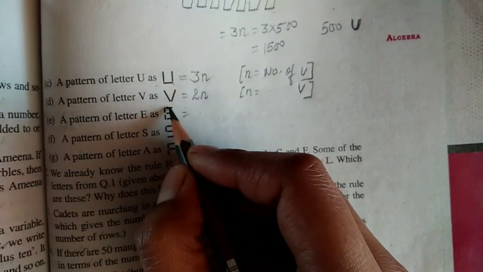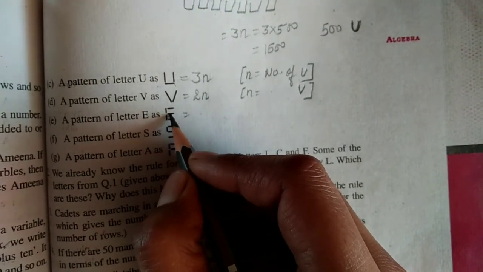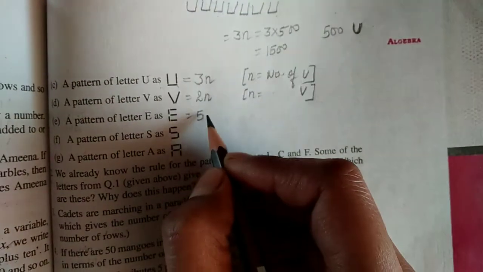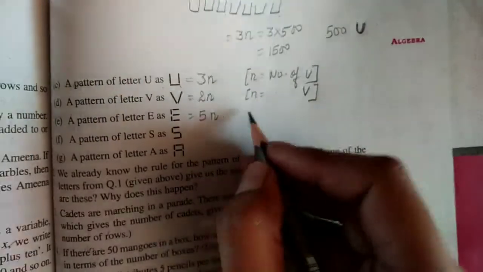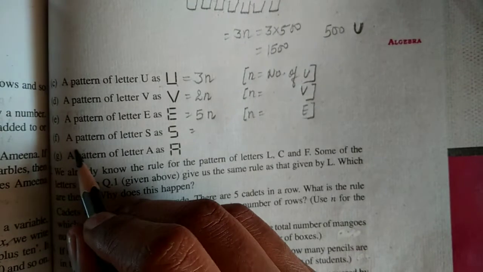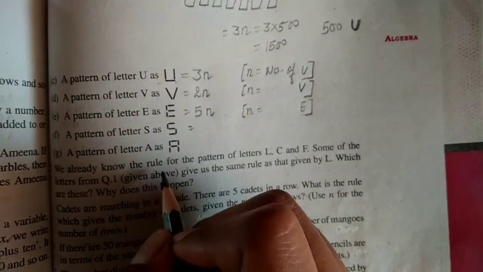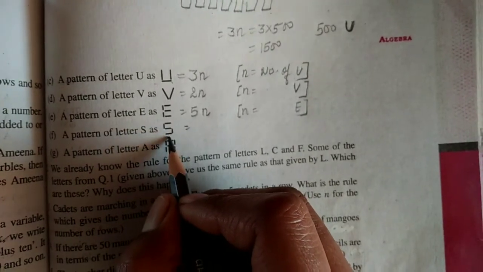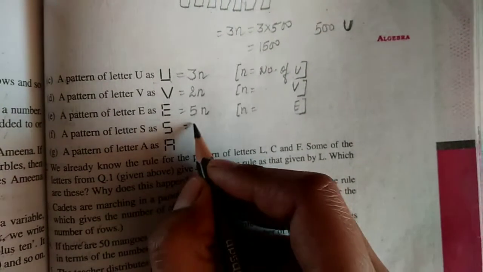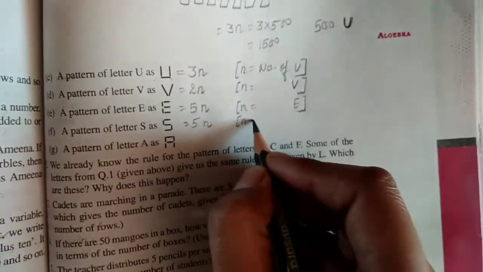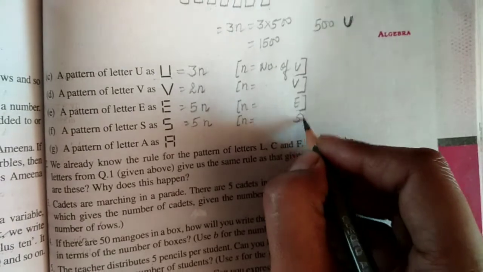E: in the E we need 1, 2, 3, 4, 5. 5 matchsticks, so 5 will multiply by the number of E, where n is the number of E. Now a pattern of letter S as S. In the S, how many matchsticks are here? 1, 2, 3, 4, 5. So this 5 will multiply by n, where n is the number of S.